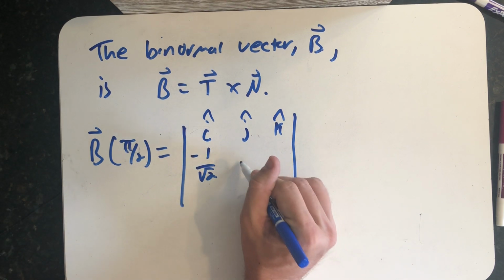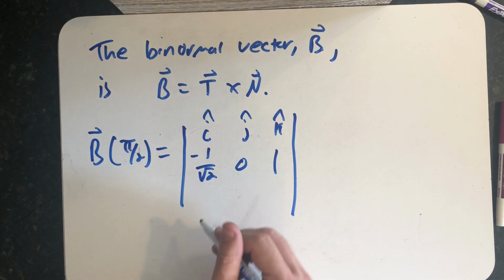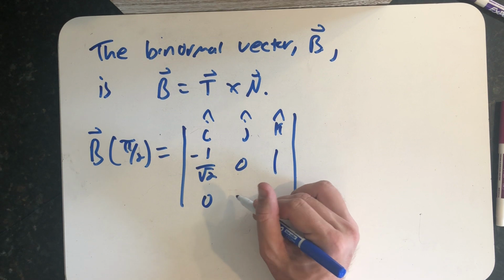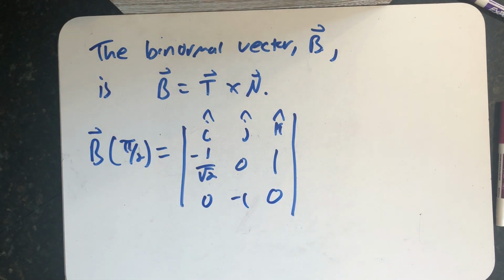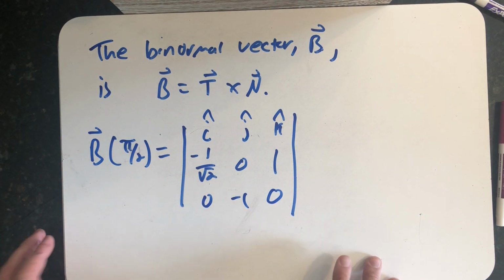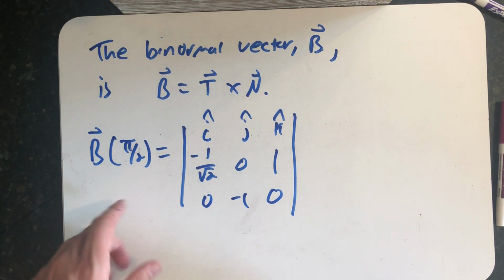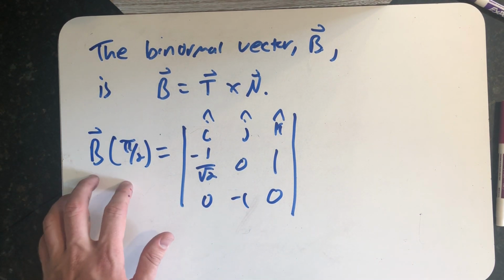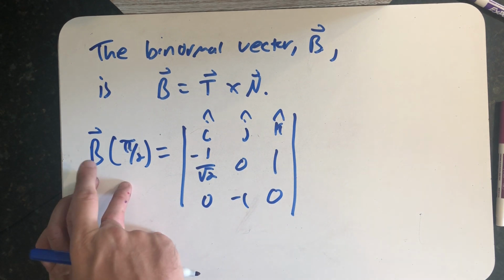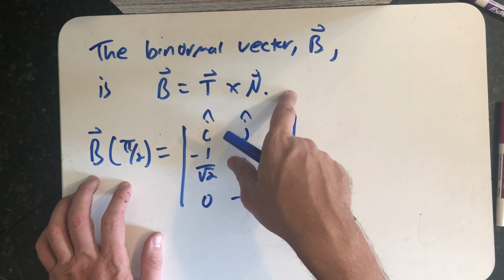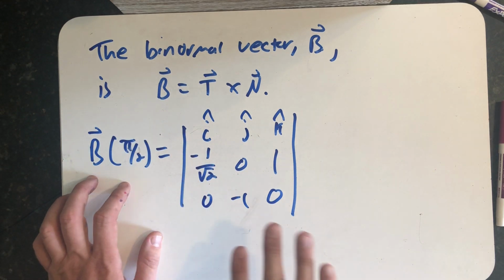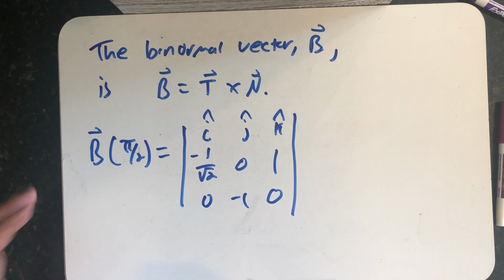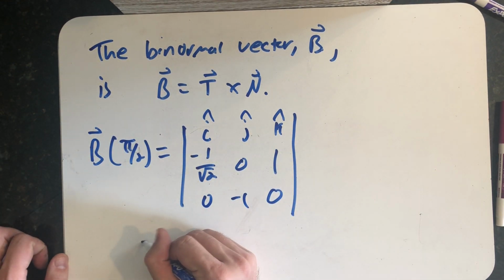I could also be asked to find the binormal vector as a function of time, right? Plugging in actual components from t and n. That can be a little more challenging of a calculation. So watch for instructions. If you're asked for t and b at one moment in time, evaluate t and n at that moment, and then just take the cross product of two constant vectors.